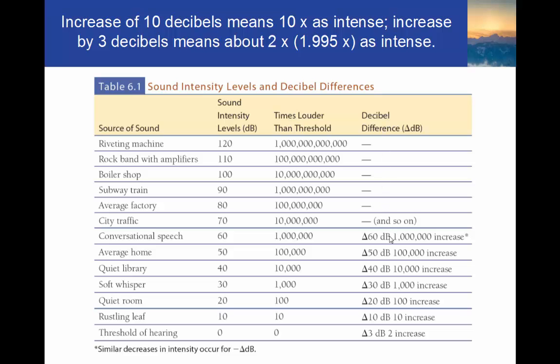And over here we notice that there's this little note in the bottom corner that says that a delta 3 decibel is a 2 increase. What that basically is saying is that for every 3 decibels that you add, you are getting 2 times louder than what you started with.